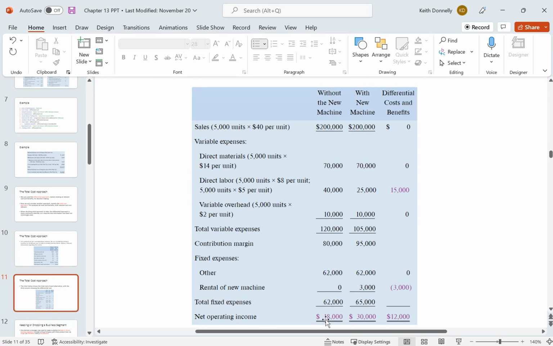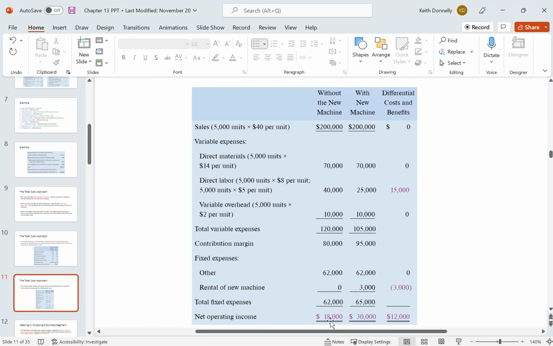Just like how we looked at it before, mapping out all of the costs, the main difference here is going to be the direct labor cost, 40 versus 25, which gives the differential cost of 15,000. And then we're going to have the cost here of renting the machine, 0 versus 3, which is 3,000.